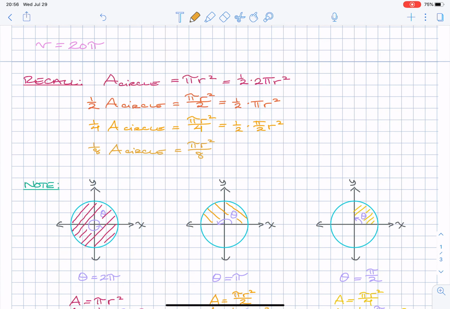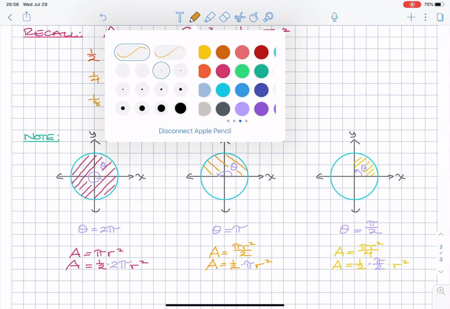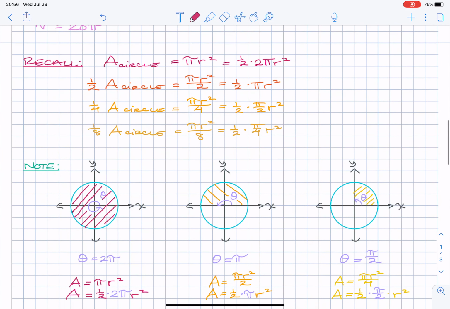And here, if I factor out a 1/2, it's going to be times pi over 4 r squared, where in each of the cases, this corresponds to the angle theta, 1/2 theta r squared.